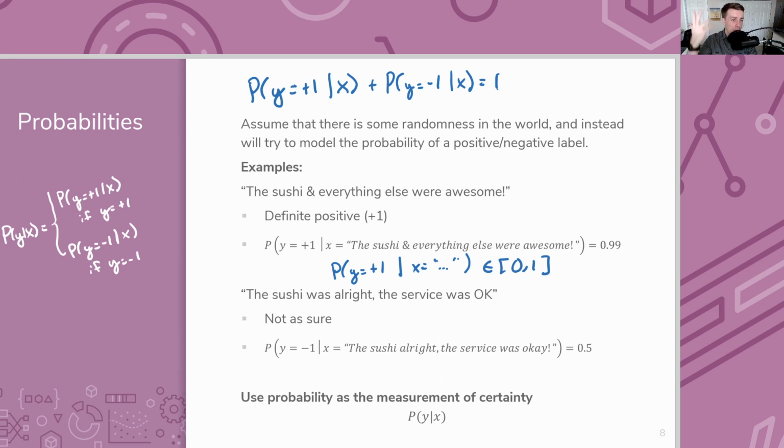And this is also true when you condition. You condition on x for both of them, those also should form a valid probability distribution, so they should also sum up to 1. And so that's why you'll sometimes see us kind of mix up: are we talking about the probability y is equal to +1 or the probability y is equal to -1, both of these given the review, because they're related. You can always figure out the probability that y is a negative review by taking 1 minus the probability it's a positive review. So there's a lot of ways of interoperating between them.